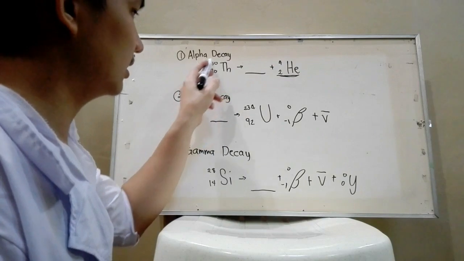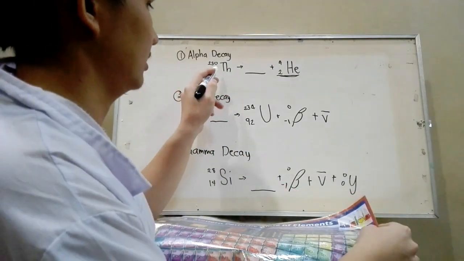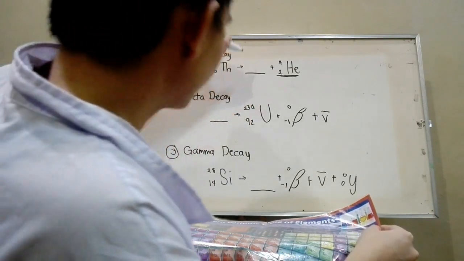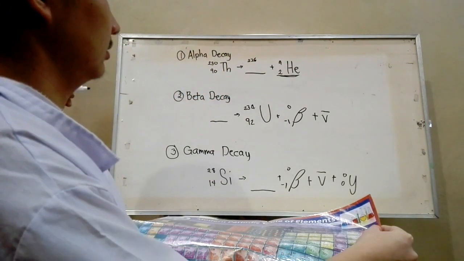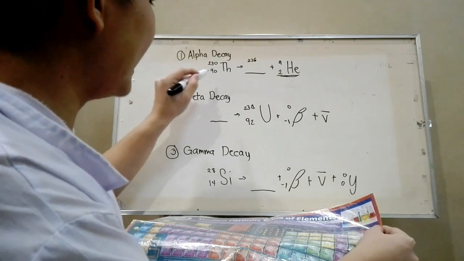It will result in this. So you have to subtract 4 from 230. So you will write 226.